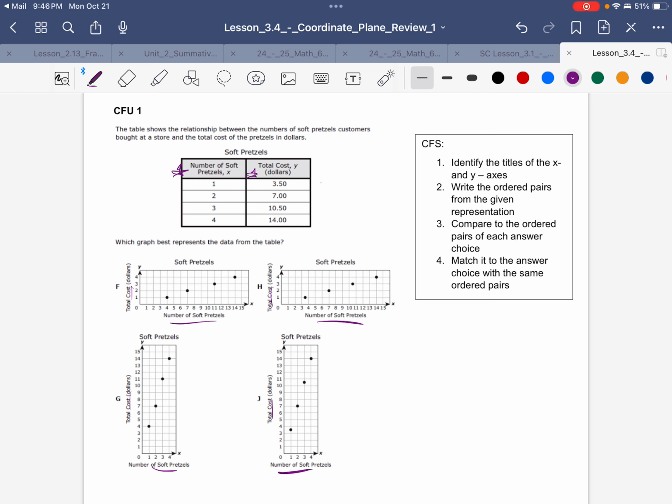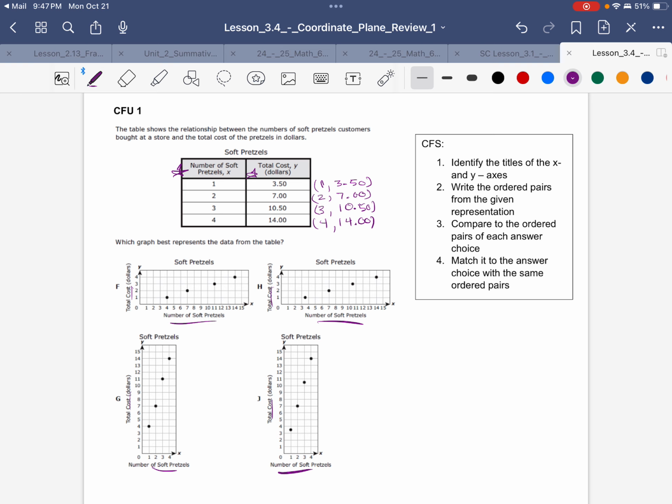So this one here would be 1, $3.50. This one would be 2, $7. This one would be 3 pretzels for $10.50. And then this last one would be 4 pretzels for $14. Okay? So those are our coordinates.